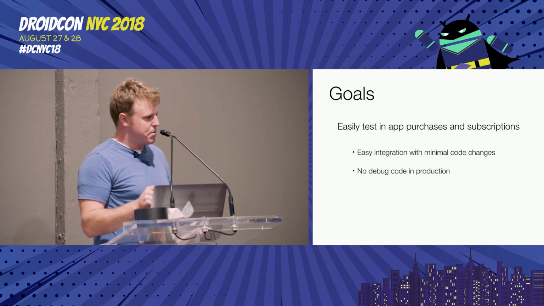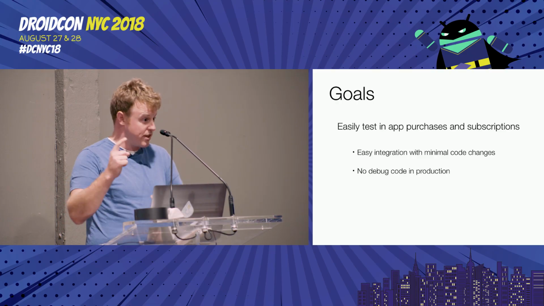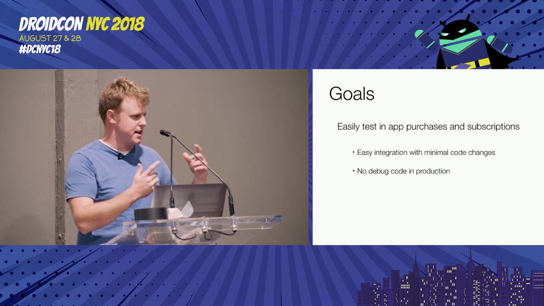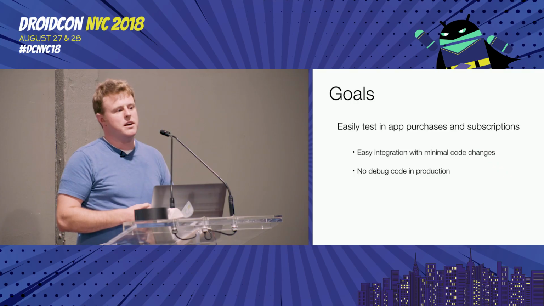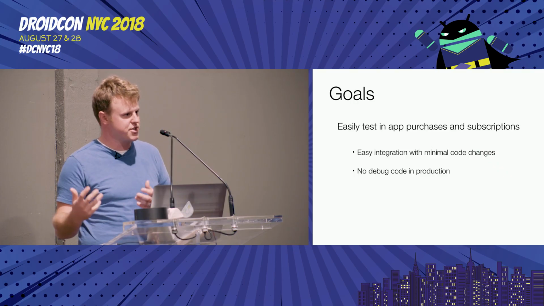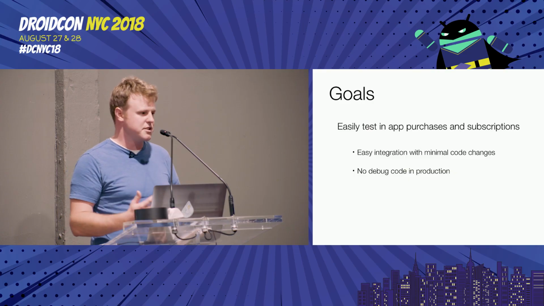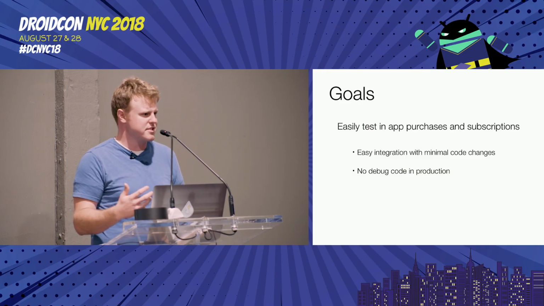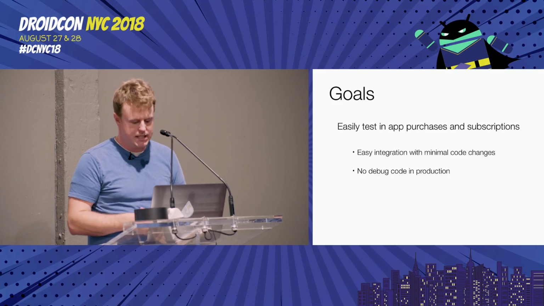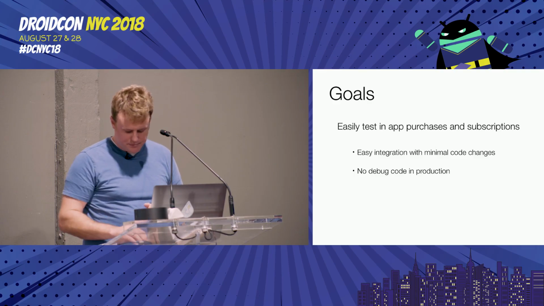I want no debug code in production. This is where that switcheroo comes around, where you say, if this is a debug build, switch static SKUs and whatnot. In the same way, I wouldn't put Espresso test code into my production app. I don't want code for these debug purchases in my release app. That's just real ugly.